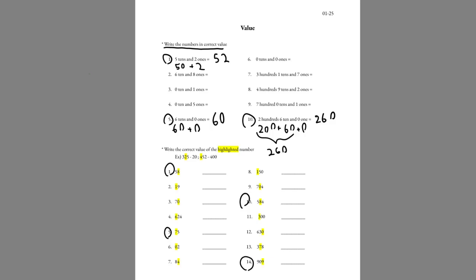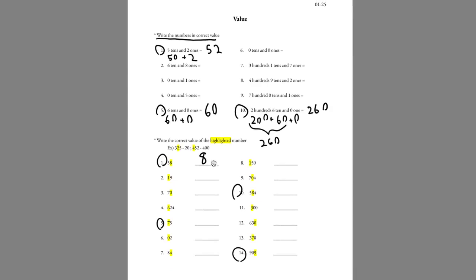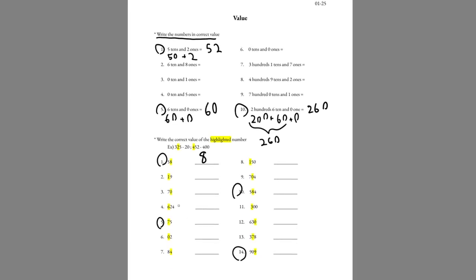For the first problem, we're trying to find the correct value of 8. Since it's in the ones place, the 8 is just 8, since there are 8 ones, and 8 ones equals 8. For number 5, the highlighted number is the 7 in the tens place. That means there are 7 tens, or in other words, it is 70.